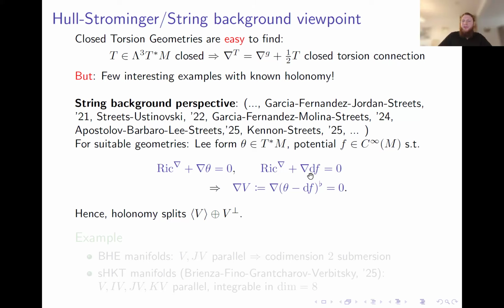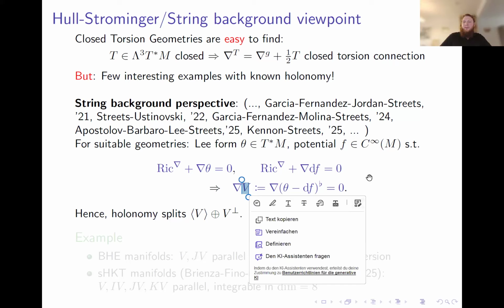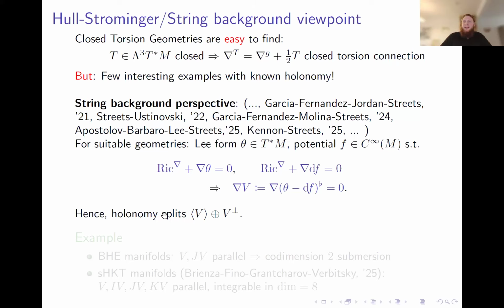So it has to satisfy both of these equations, and if you subtract them, you see that this form theta minus df is parallel with respect to a connection nabla that appears here. And so we get a parallel vector field in this way, and that implies basically what we want, namely that the holonomy splits. It has at least one trivial representation, and then its orthogonal complement is the remaining representation.